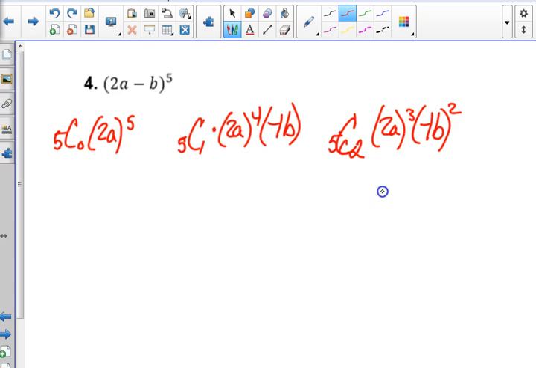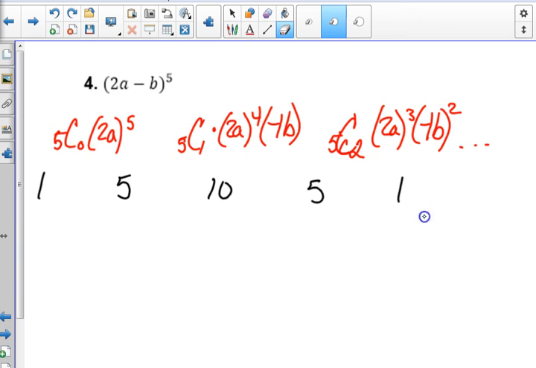But what if we have the 5th row already? Can we just jump to that? Okay. What's the 5th row? 1, 5, 10, 5, 1. Okay. Okay, thank you. I was just about to realize that we didn't have enough terms.